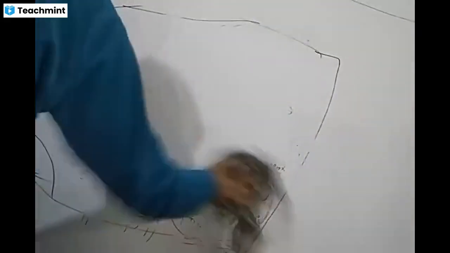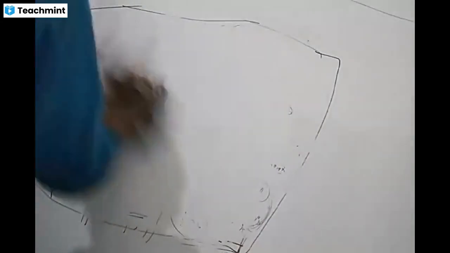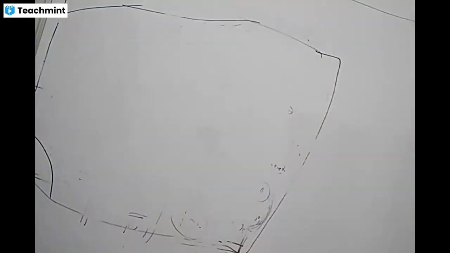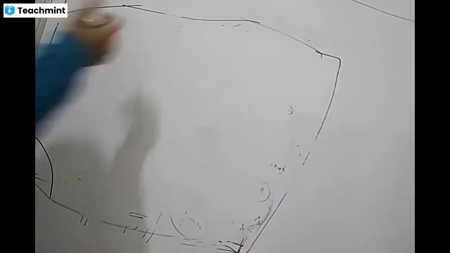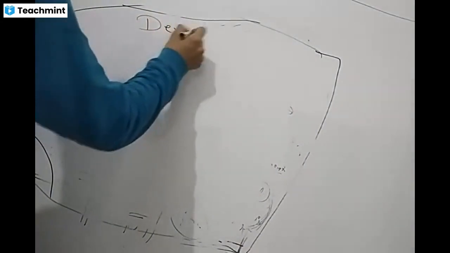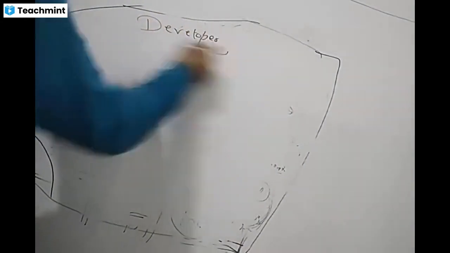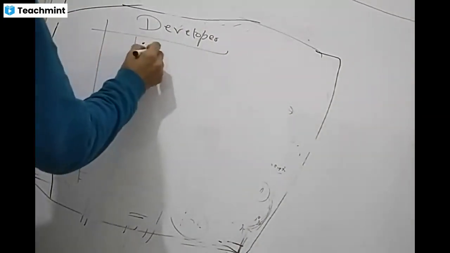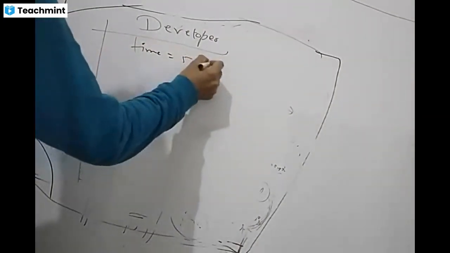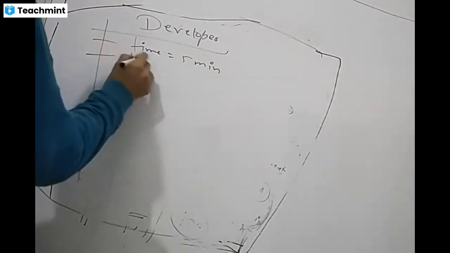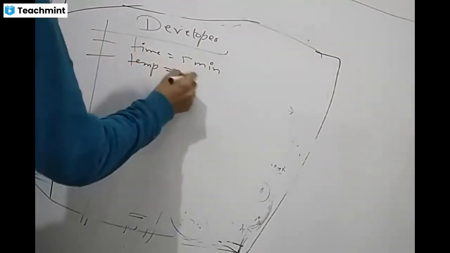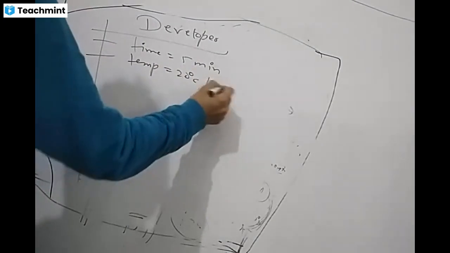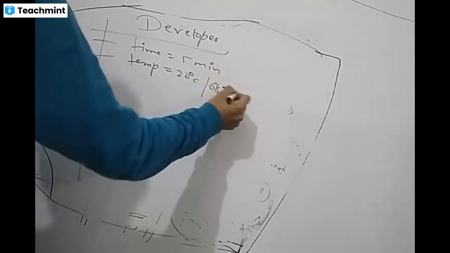Then if we look at the composition of the developer, as I explained, time 5 minutes, temperature 20 degrees centigrade or 68 degrees Fahrenheit.